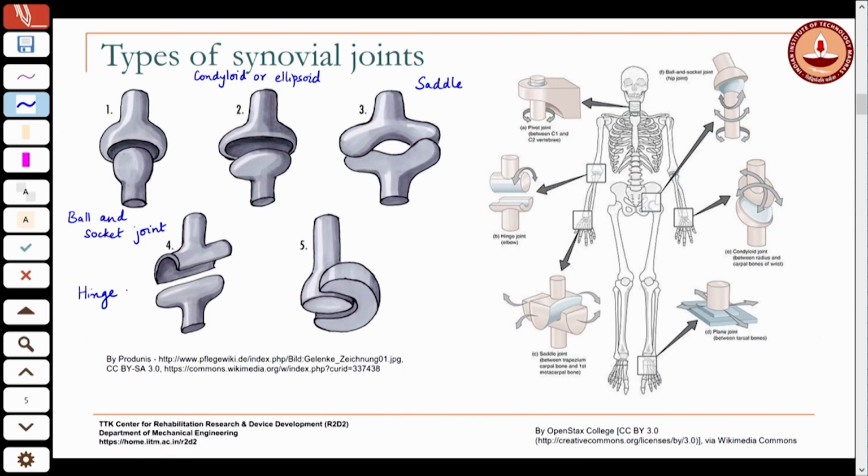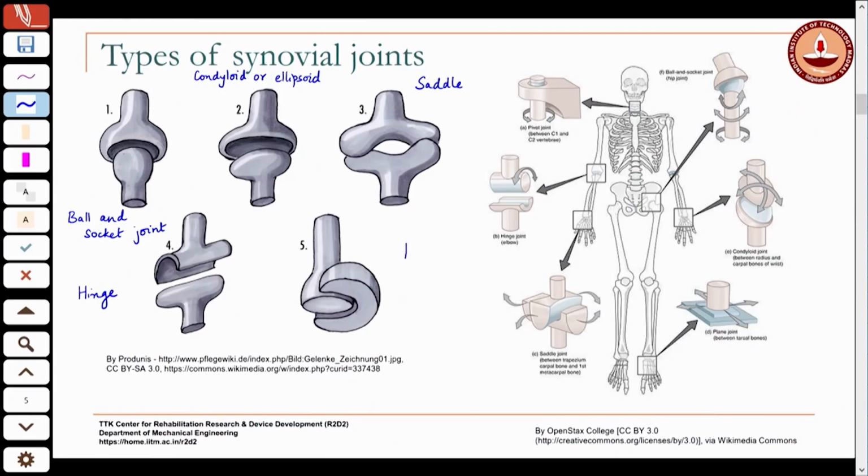If you notice, most of the joints in the body allow rotational motion. There are a few joints that will allow gliding, translational motion, but the majority of the segments move about one another in rotation. So, most of the joints allow rotational degrees of freedom.